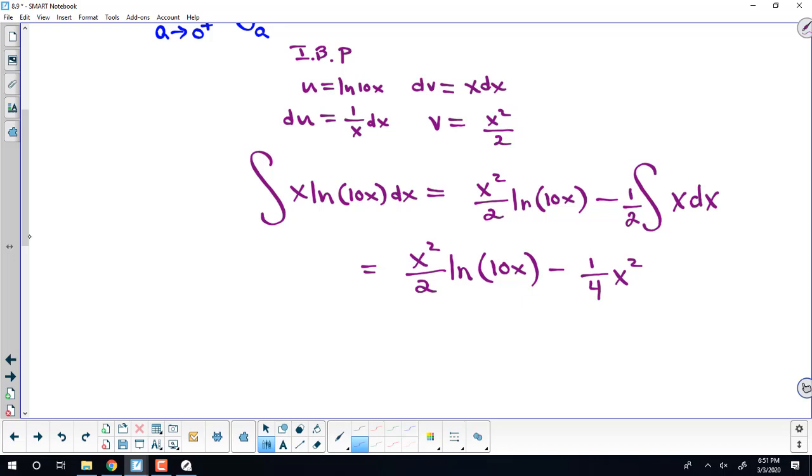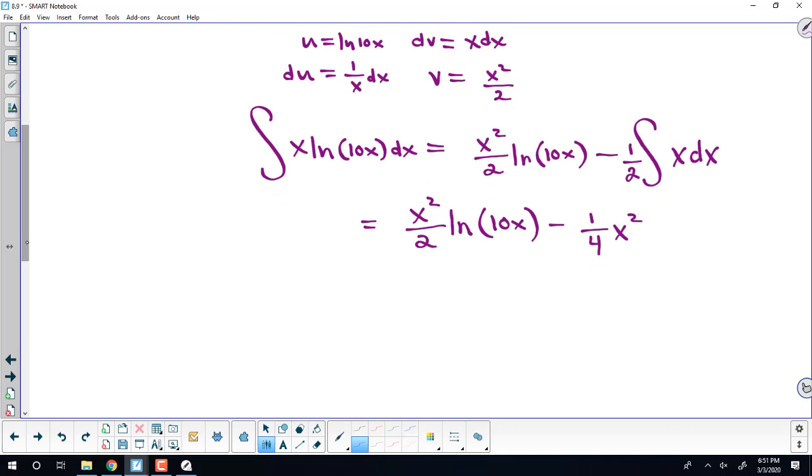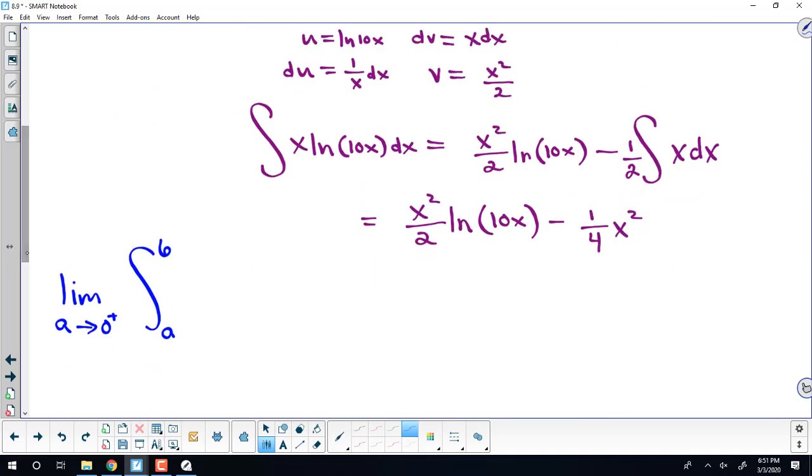Really we have a plus c, but it's a definite integral, so we're not going to worry about the constant. Okay, so we found the antiderivative, then we're going to compute this thing. Wait, I think it was a. I forget, 1/10. Wrong problem.